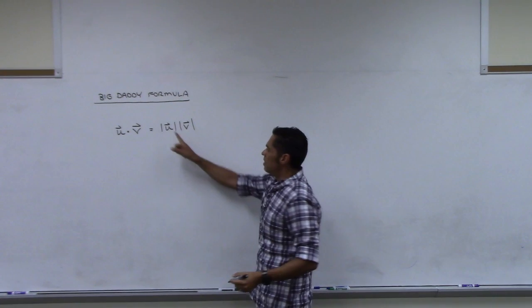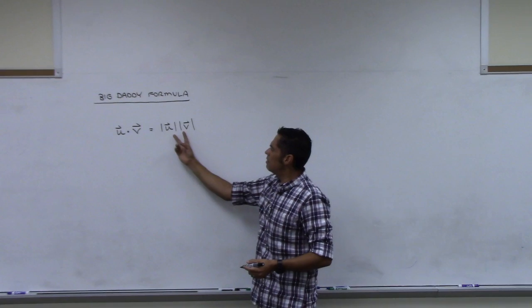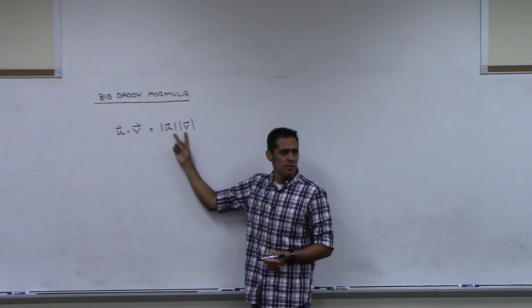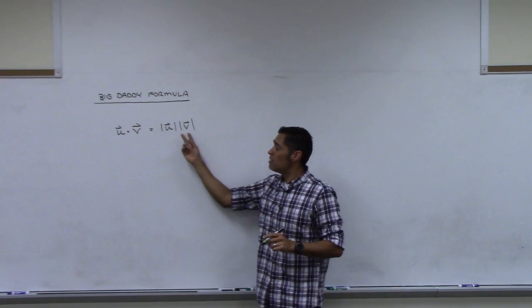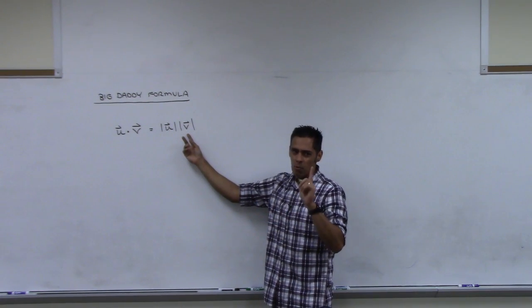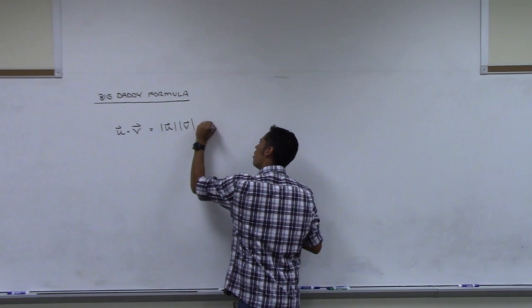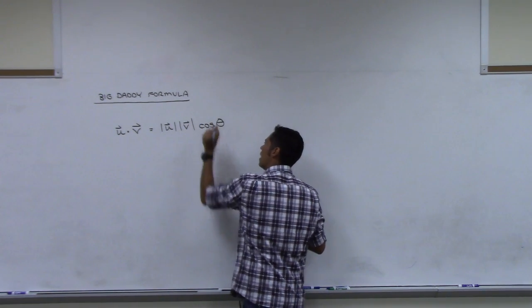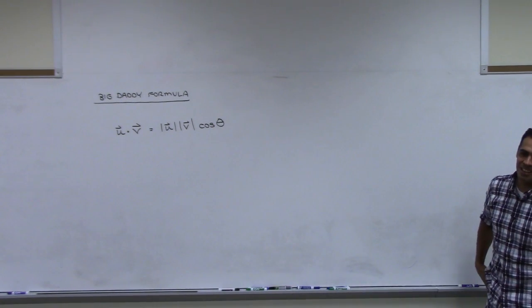Number. So it's this number times this number. So it's the product of their lengths, right? Yes? The dot product is equal to the product of their lengths. One more thing. Times cosine of theta. I had to have a trig function in there, right?